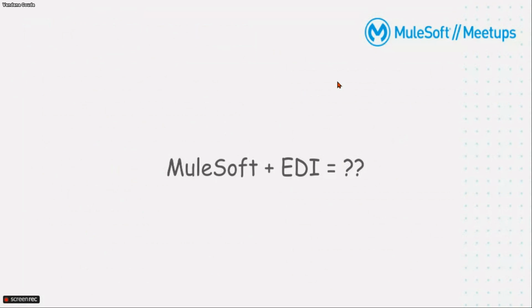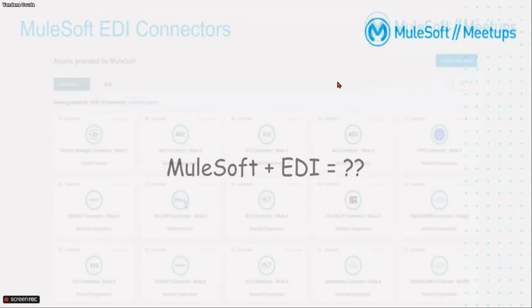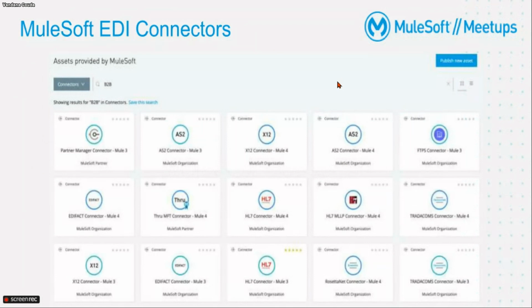Along with Partner Manager, that is a different concept, we have another session on APM this month, so you will understand more about it. Now we go to Anypoint Exchange. You can search Anypoint Exchange for B2B and choose the connector option in the filter.